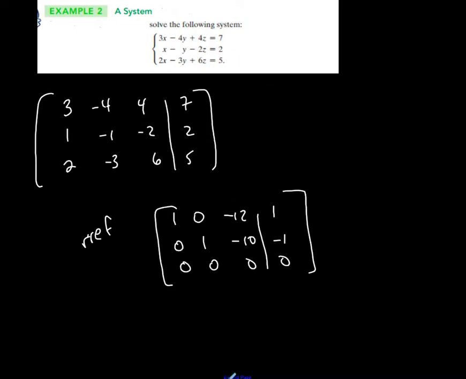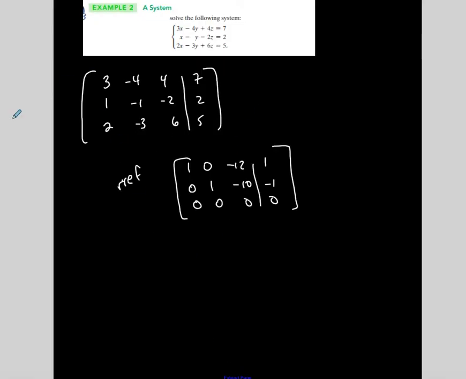Now, if I were to rewrite this back into a system of equations, going across the top, I have 1x plus 0y minus 12z equals 1. And I have 0x plus 1y minus 10z is equal to -1. And then this one is 0x plus 0y plus 0z is 0.